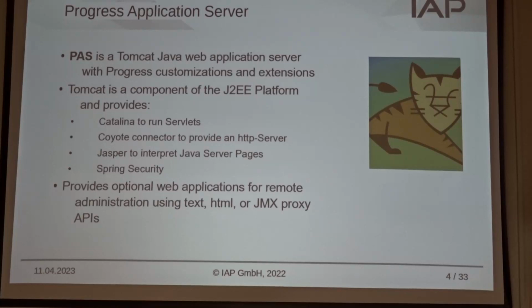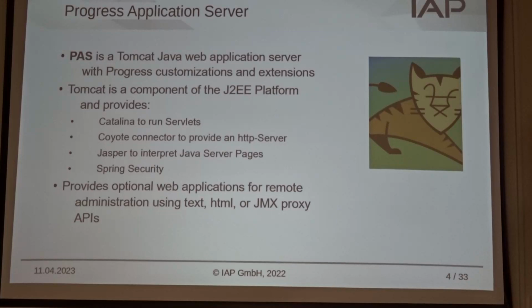Progress has introduced the Pacific app server with version 11.5, I think. And the structure was completely different to the normal one. The new Pacific app server is based on Tomcat. Do you know Tomcat?